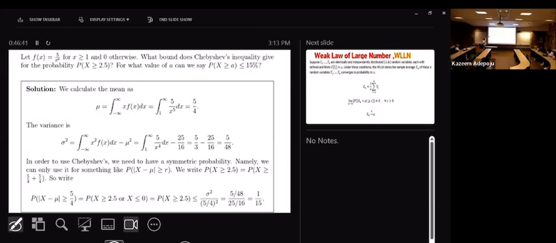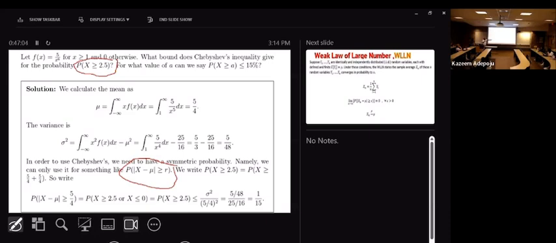Now, you want to find the probability of X greater or equal to 2.5. You can rewrite that as this. You see that? Why am I using greater? Because in the question, do you see the question? The question is the greater, right?